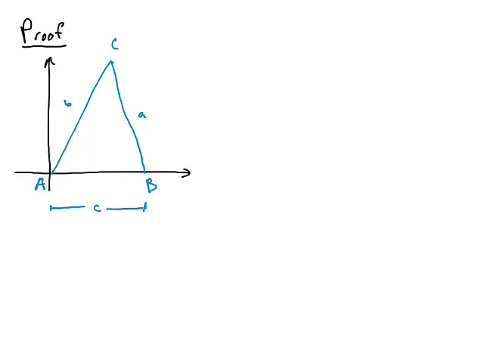We have triangle ABC in the xy plane. Point A is at the point 0, 0 in the plane. This distance is c from the origin, so we're going to say that point is c, 0.